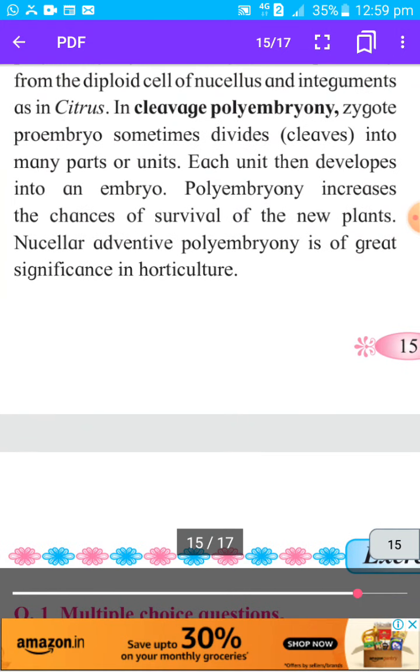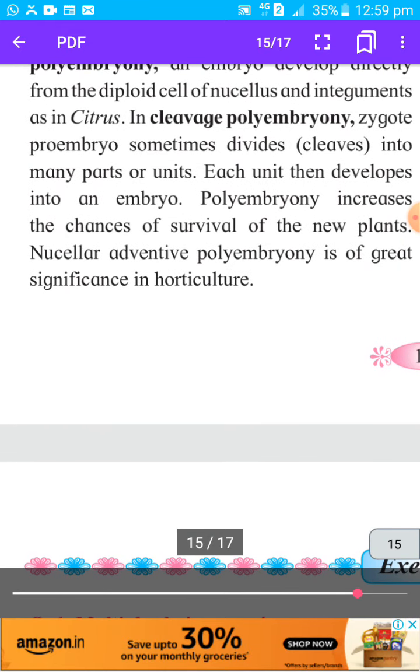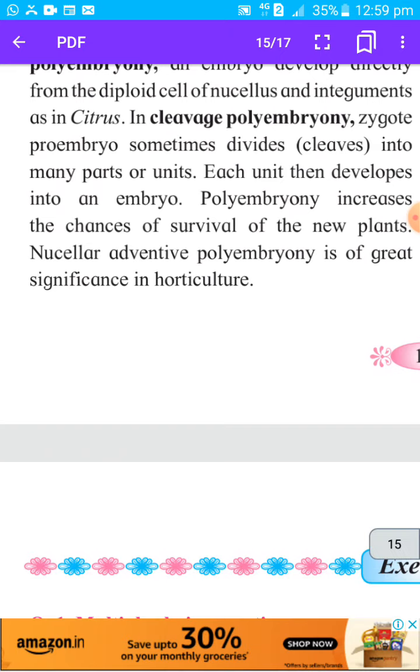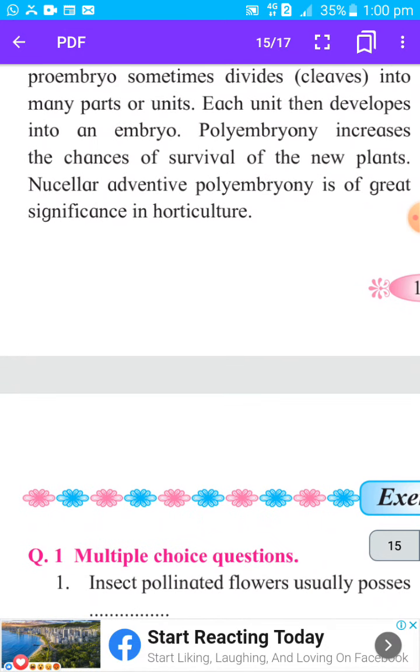Each unit then develops into an embryo. Polyembryony increases the chances of survival of the new plants. As many embryos are developed, the chances of developing a new plant increase.